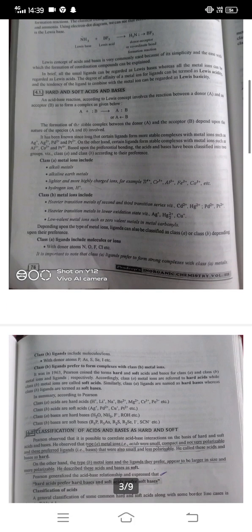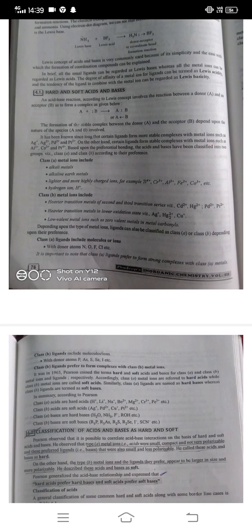Class A metals include alkali metals, alkaline earth metals, lighter and more highly charged ions. For example, titanium 4 positive, chromium 3 positive, aluminium 3 positive, iron 3 positive, cobalt 3 positive, etc. Hydrogen ion H+.